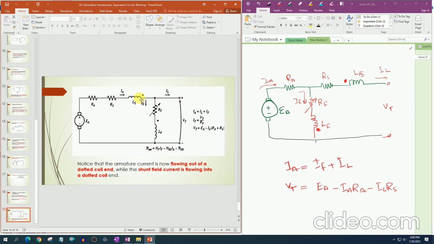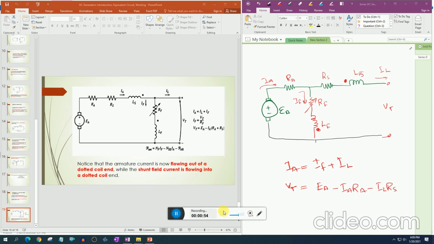Its equivalent circuit looks like this, like here. So in this equivalent circuit, the book shows the dot here on the same side where current is entering, but here the dot is different, where current is leaving.